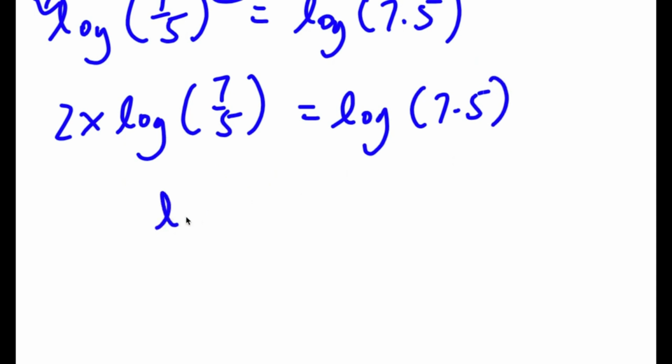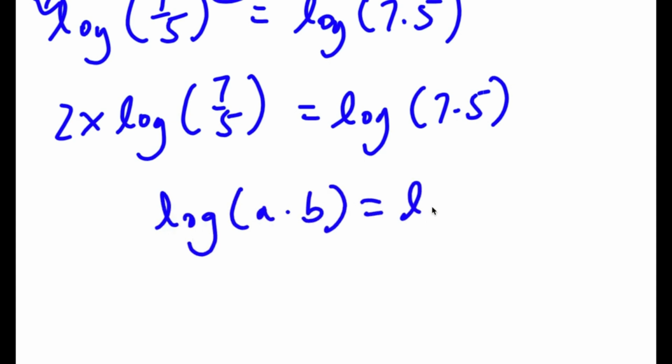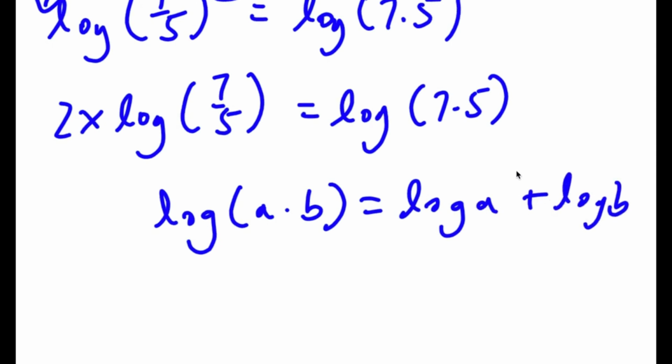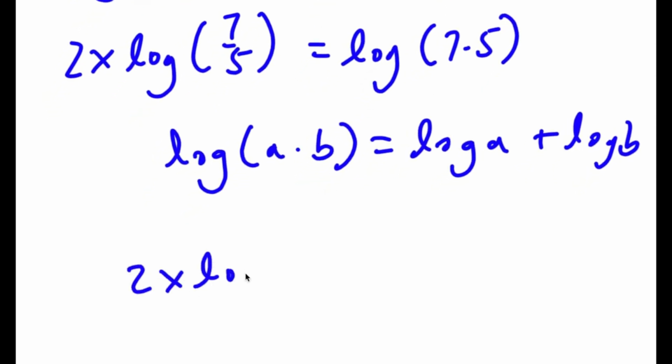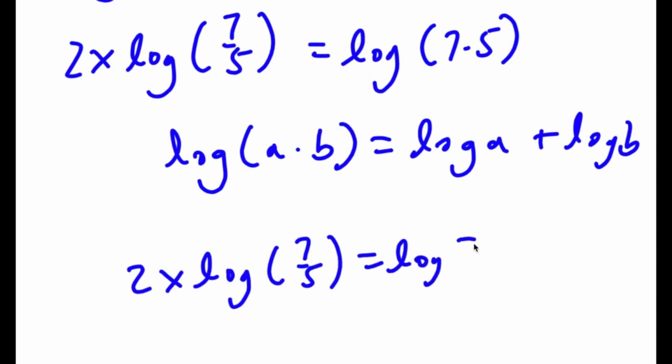if I have something in the form log of a times b, this is equal to log a plus log b. So log of 7 times 5 is equal to log 7 plus log 5.